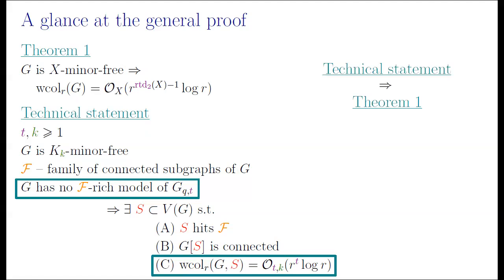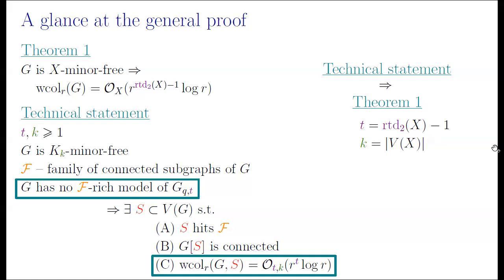Let's maybe see why the technical statement implies theorem 1. We take t to be the rooted tree depth of X minus 1. We take k to be the number of vertices of X. So this is again purely technical, but when we are X minor free, then for sure we are K_k minor free, where k is the number of vertices.